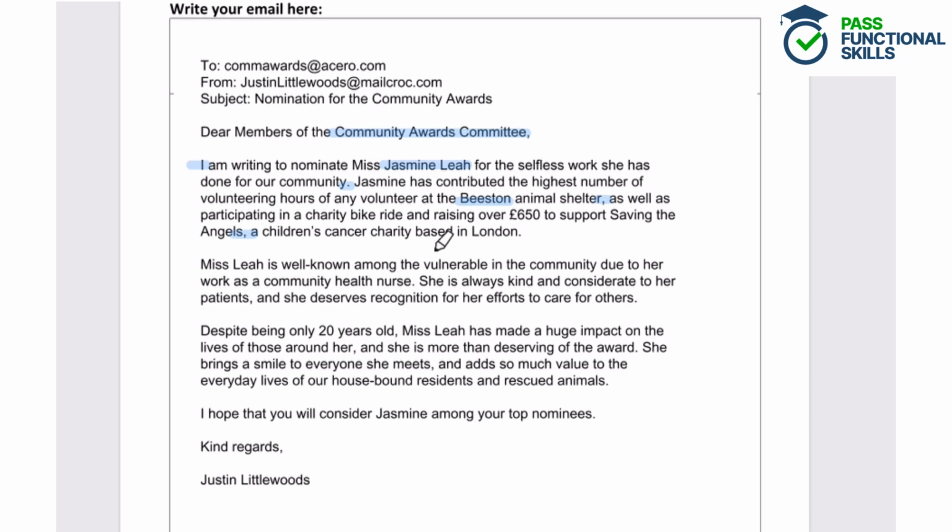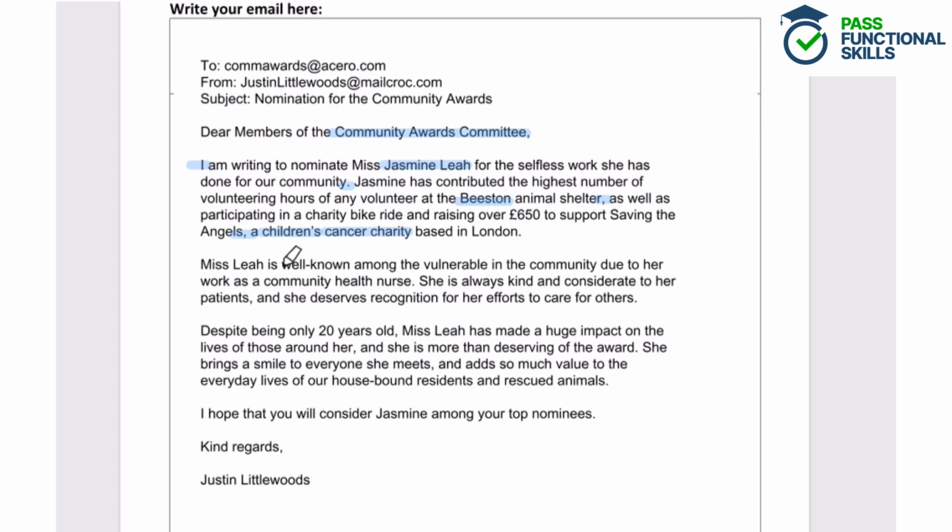We also have an apostrophe that has been used for this possessive here. So we've got children's, and we need that possessive apostrophe because we are talking about a cancer charity that is belonging to the children. So it's for these children, so we need an apostrophe in there. Finally, we have a hyphen.